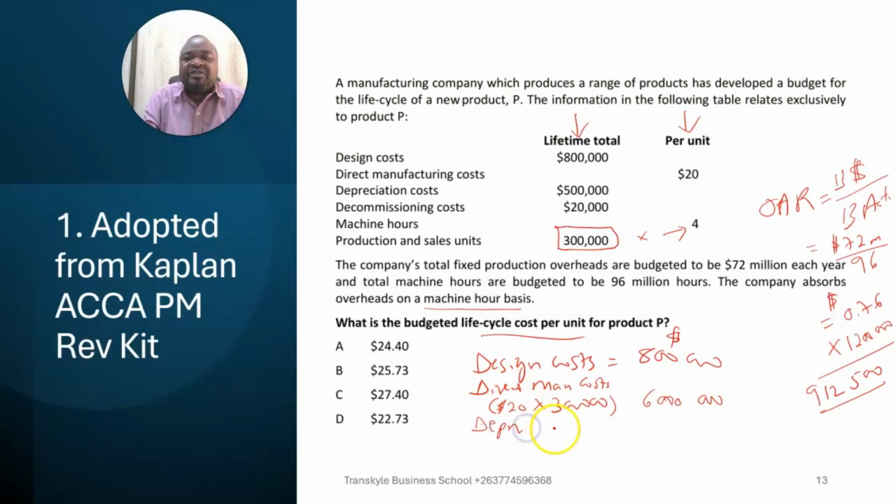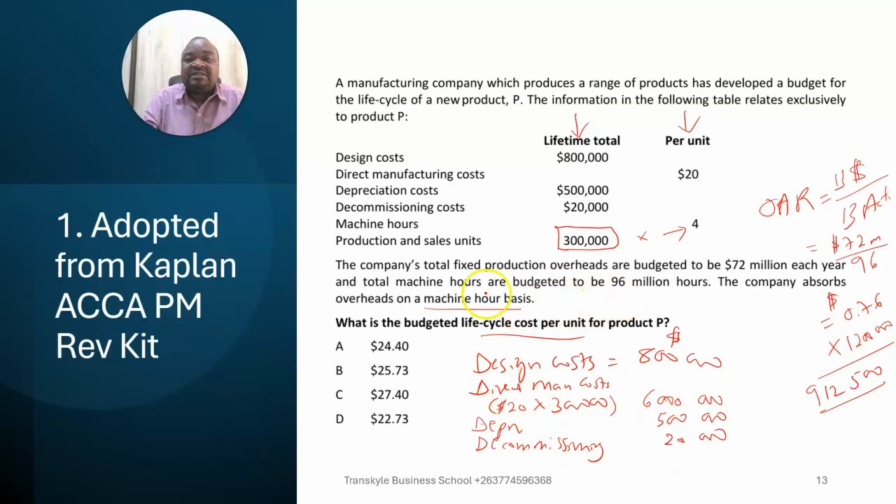Depreciation, ladies and gentlemen, is part of the administrative costs, so it is included for life cycle costing purposes. Do not tell yourself that in relevant costing you don't use depreciation and this and that. Hello, in life cycle costing you need to include it. So that's 500,000. End of life costs, the decommissioning costs, are given in total, so we just pick the figure as it is.